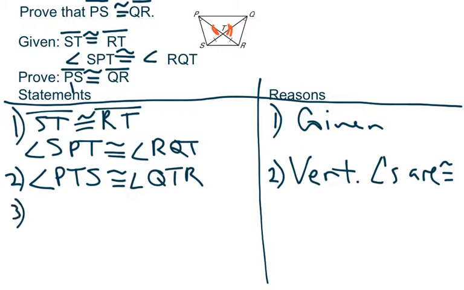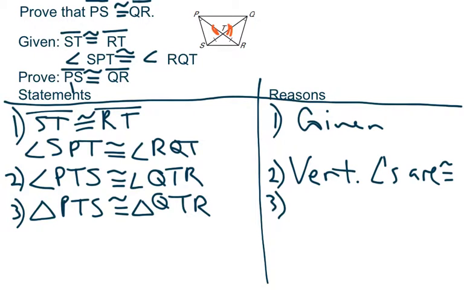Now that gives me enough to say that triangle PTS is congruent to triangle QTR. The reason is angle, angle, side. We have two angles and a non-included side.